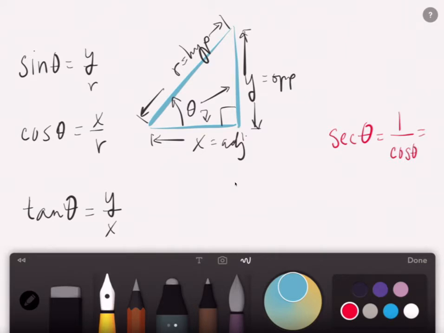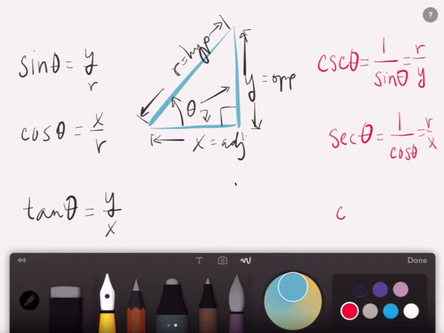All this is going to be r over x. We also have cosecant. That's CSC, that's how you'll see it on your calculators. And this is just 1 over sine, so it's just the inverse. So that's going to be r over y.